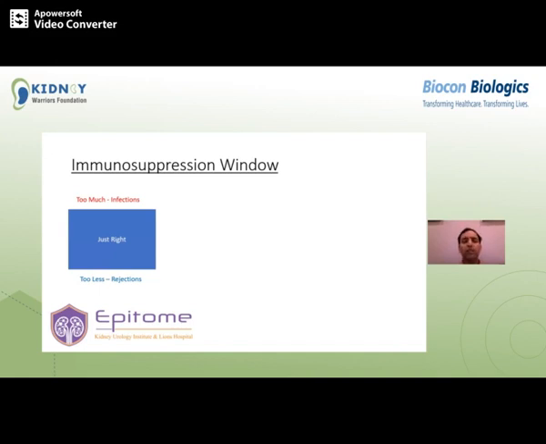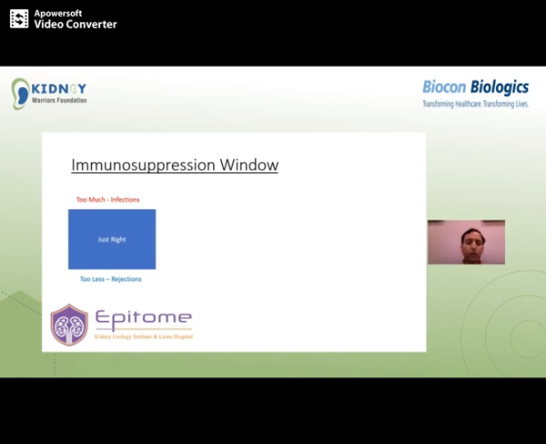If we give too much of this medicine, the person is at risk for getting infections. If the amount is too little, then the person is at risk for rejections.